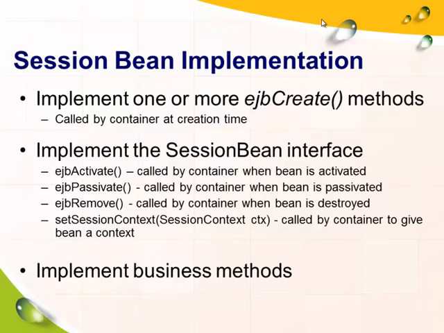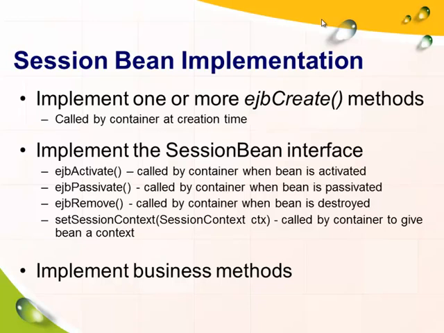And this is what is called passivation. So passivation is nothing but swapping your bean out of memory into disk storage. When the server decides, you are not deciding as a programmer, you can't decide it. It's up to the container, or the server, to take this action.